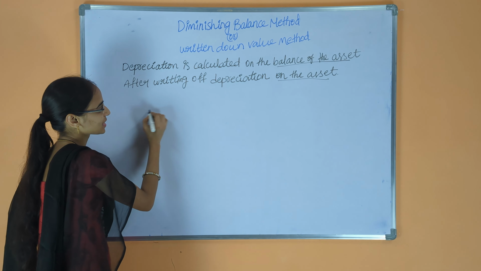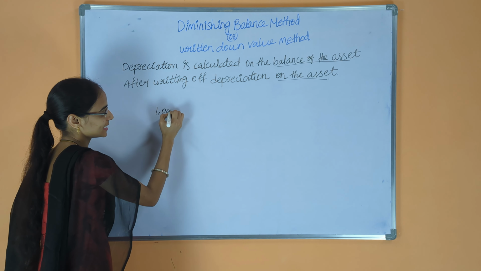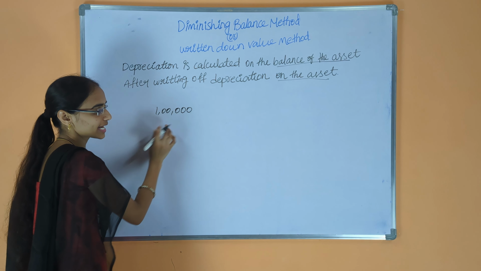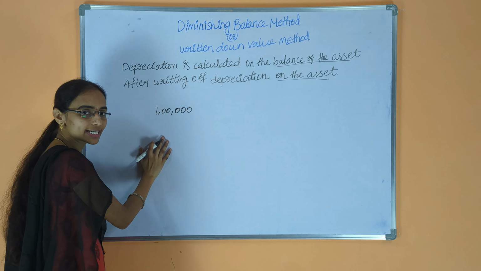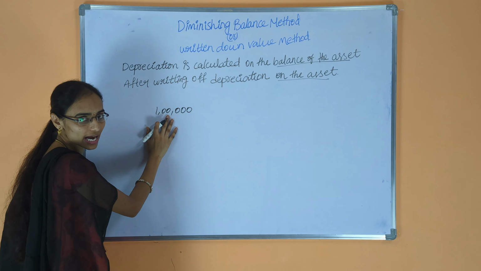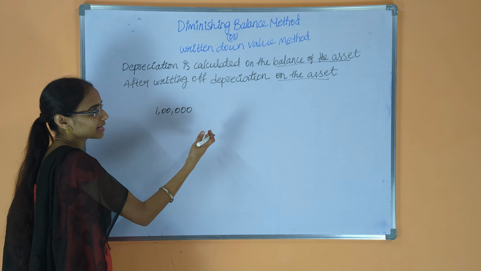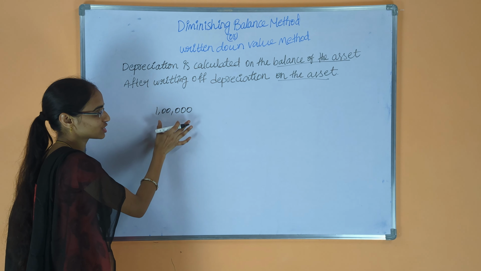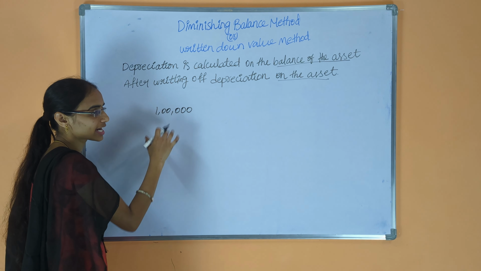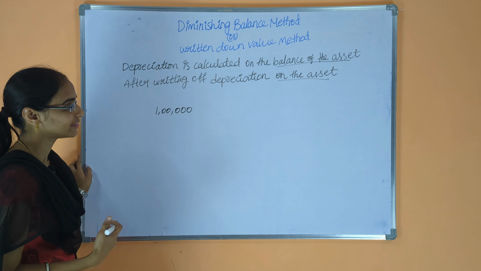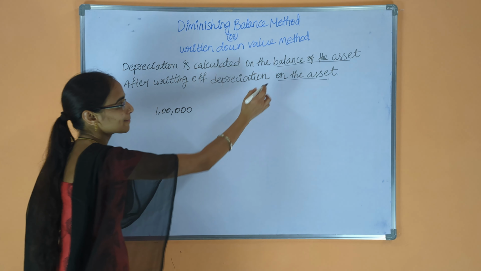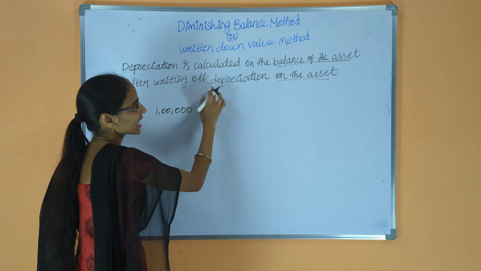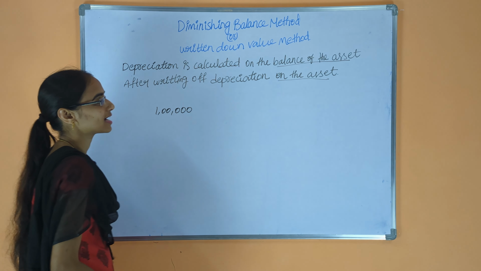For example, the cost of the asset is rupees 1 lakh. In the first year, we calculate the depreciation on this amount. In the remaining years, we do not calculate depreciation on this amount. How we calculate it, we will see now: on the balance of the asset after writing off the depreciation.